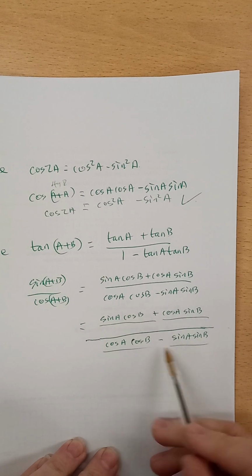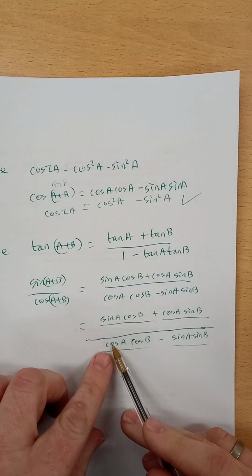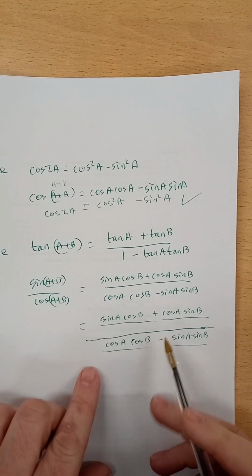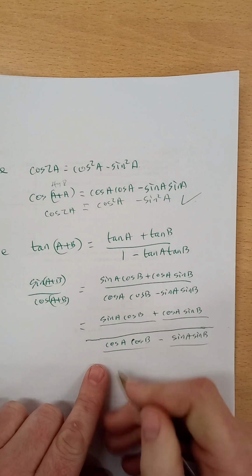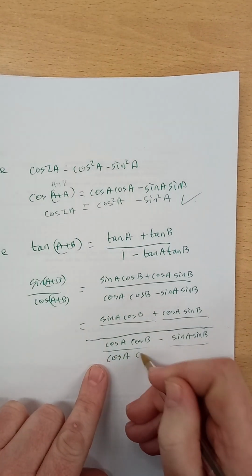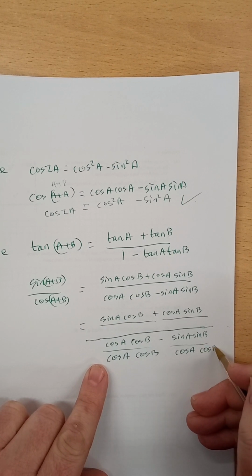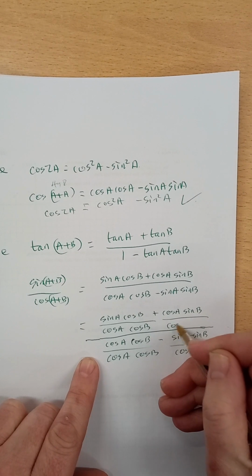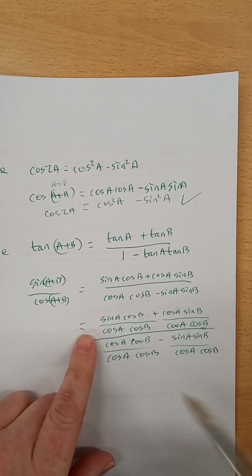Is I'm just going to divide everything by cos A, cos B, okay? So my idea here is it'll start cancelling stuff, okay? So watch. Cos A, cos B, cos A, cos B, cos A, cos B, cos A, cos B. And then figure out what it does.